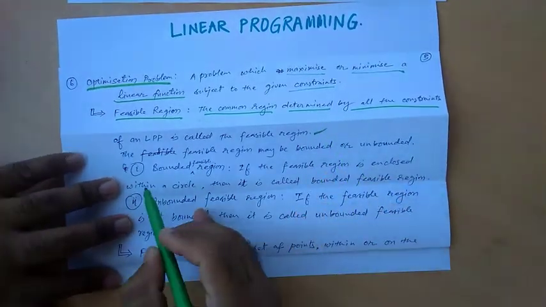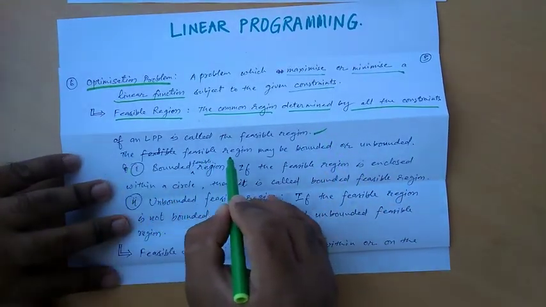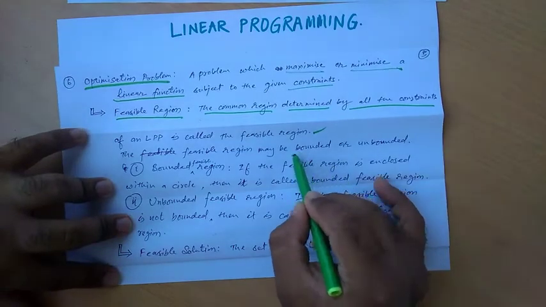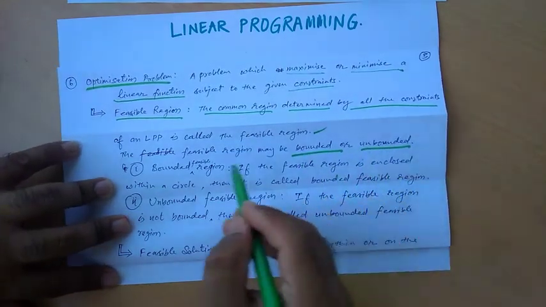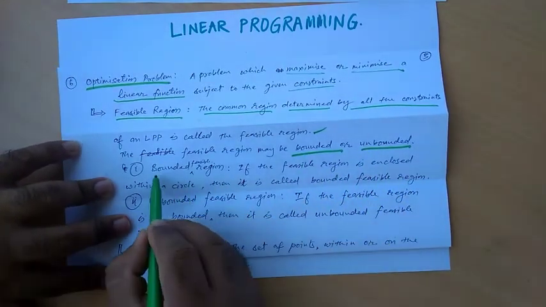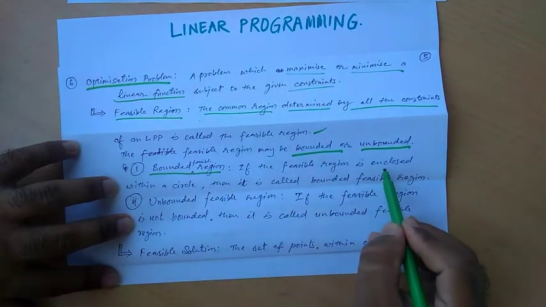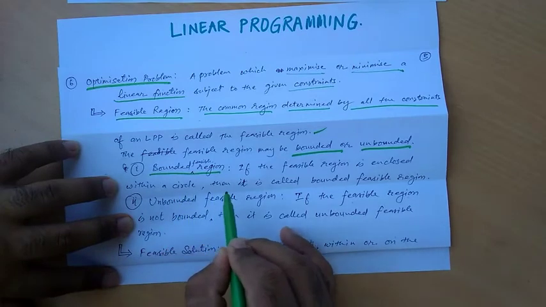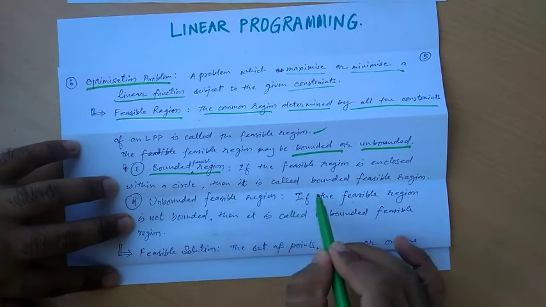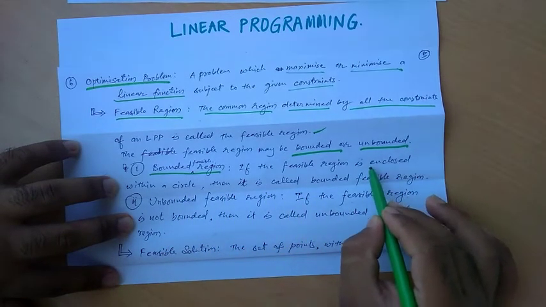We have studied that the feasible region may be bounded or unbounded. What are these? A bounded feasible region: if the feasible region is enclosed within a circle, then it is called a bounded feasible region. It is enclosed.